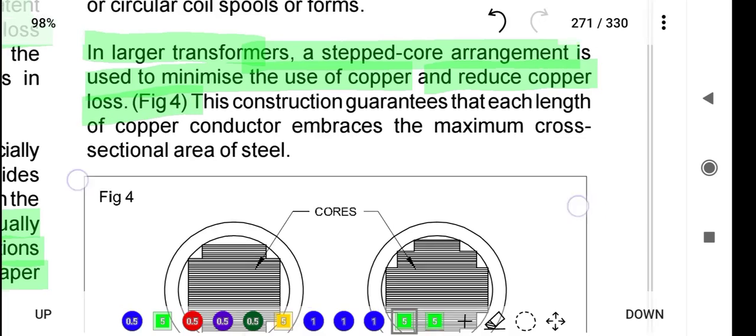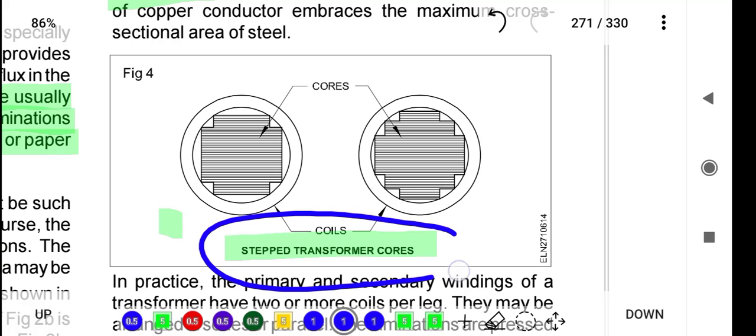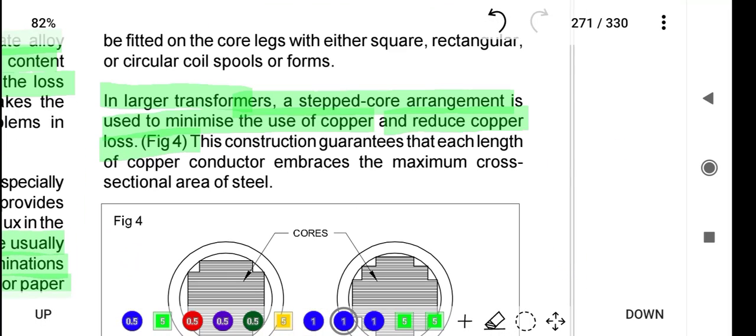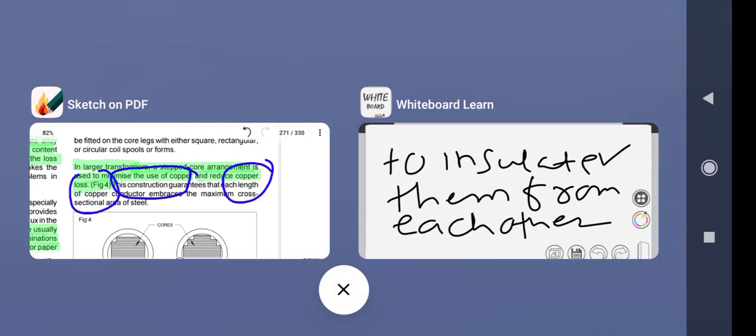What is the purpose of stepped core transformer? Why are transformer cores stepped? To minimize the use of copper and to reduce the copper loss. Because of these two reasons, the transformer core is stepped.